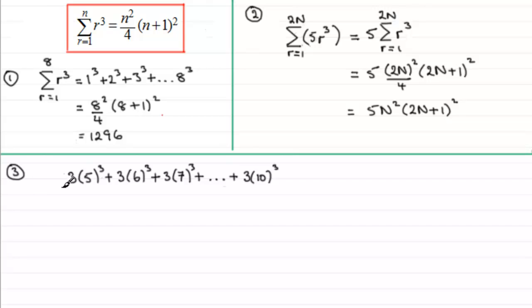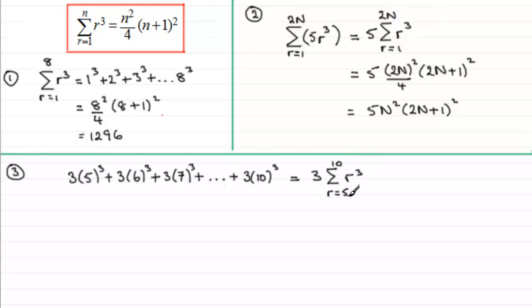Now, example 3. What I've got here is a series based around the sum of r cubed, because we've essentially got a common factor of 3 multiplying the sum of r cubed, where r goes from not 1 but from 5 for the first term all the way up to 10 for the last term.